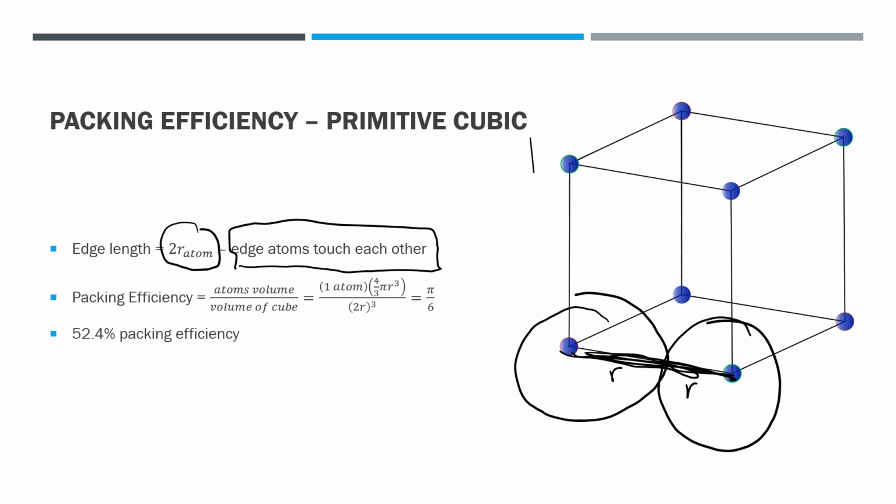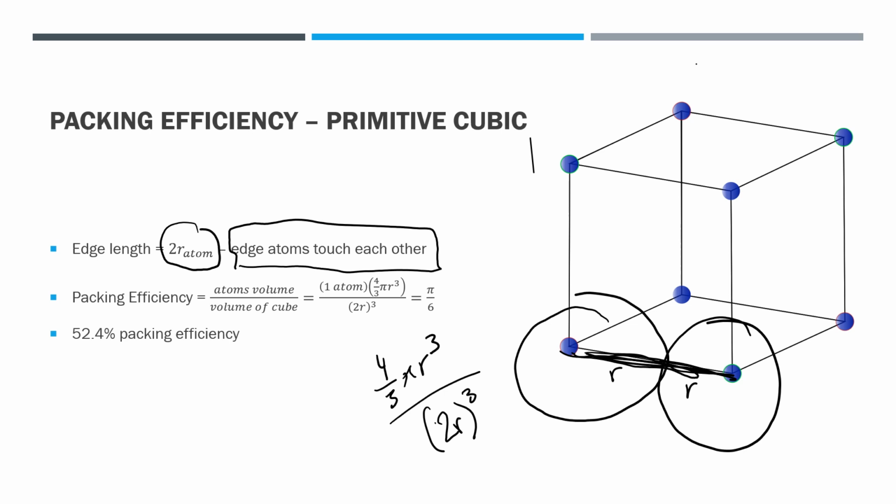So our total volume of atom in this cube is 4/3 pi r cubed, the volume of 1 atom. And then we want to divide this by the volume of the total cube, which, remember, has an edge length of 2r, so we have 2r cubed. That's our total volume of the cube.